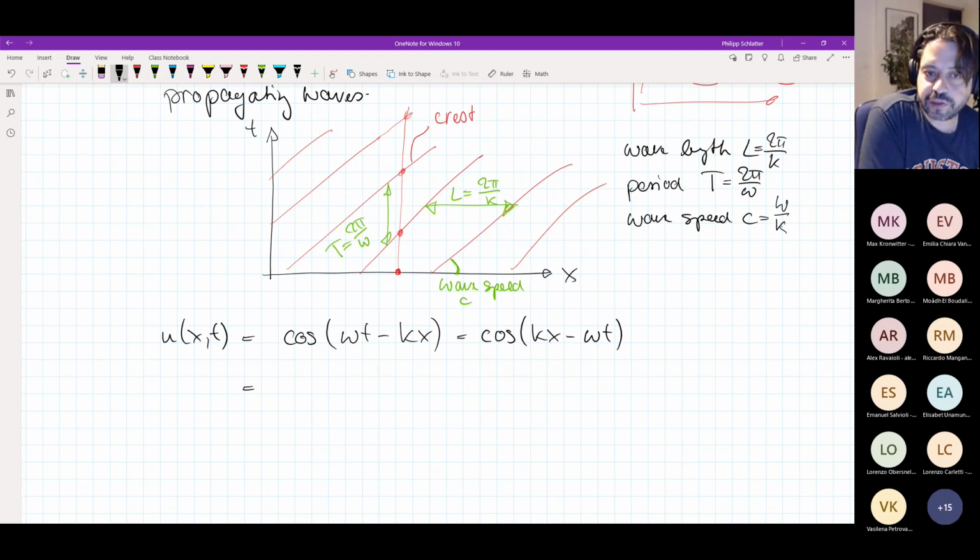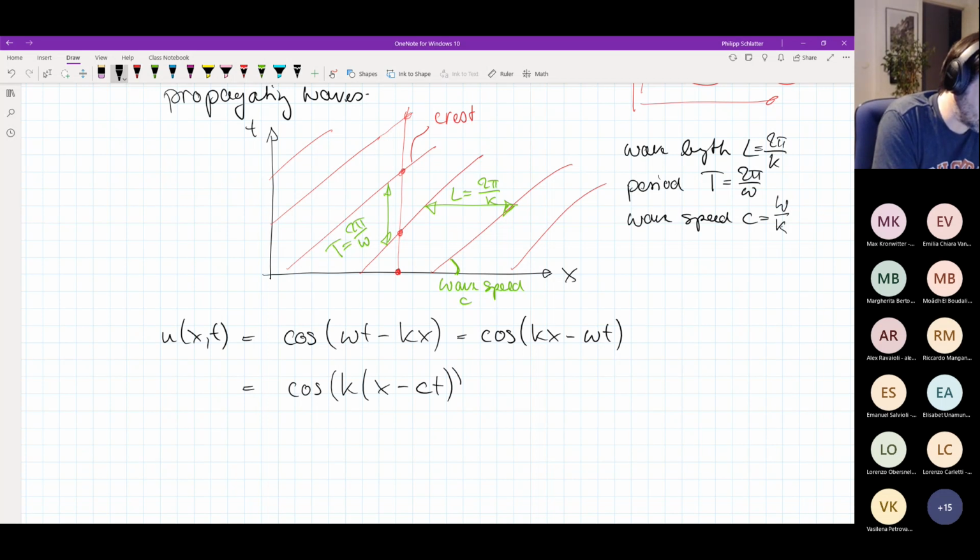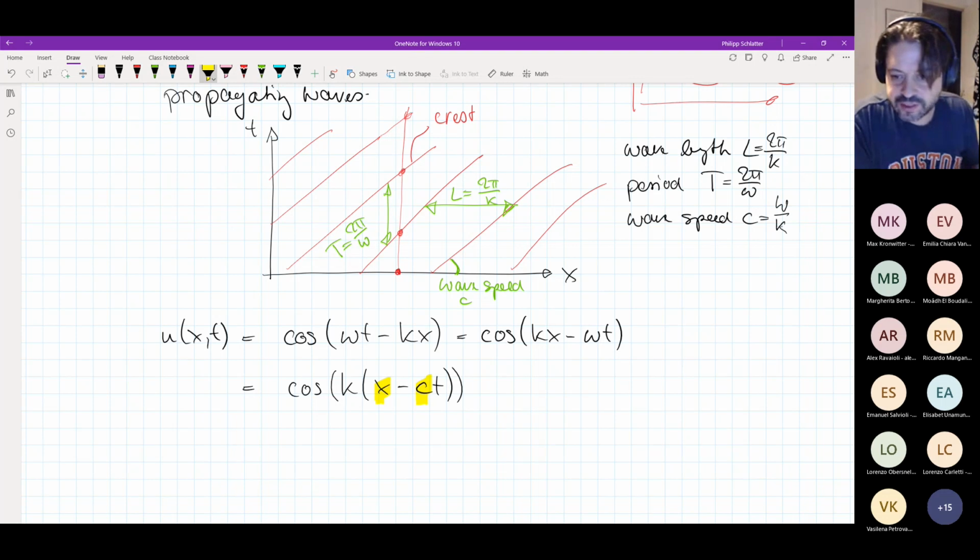If I'm using the wave speed, I can also write this as the cosine of k times x minus ct. Of course, now you directly see why this is a speed. It's a distance or a position minus ct, and ct is a constant speed times a time. That's of course the distance that has been traveled in a certain time t. So this picture of a propagating wave can be expressed with these various cosine functions.